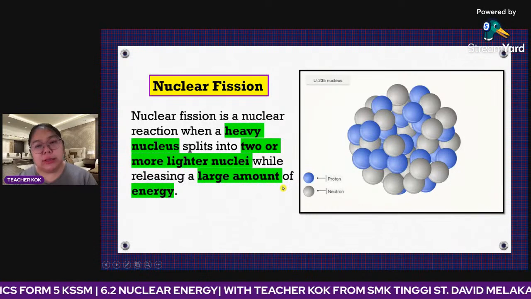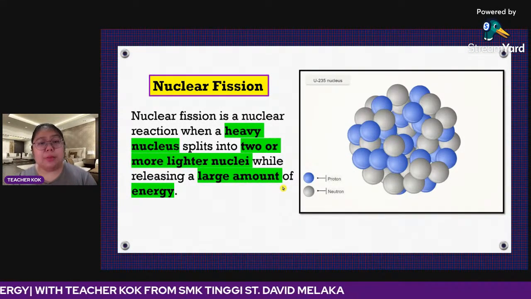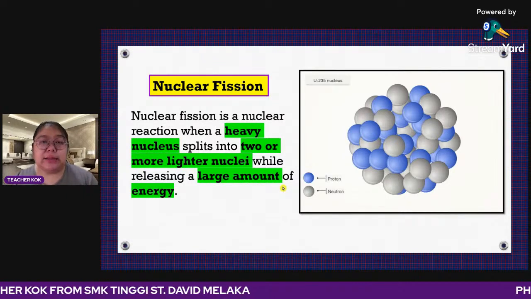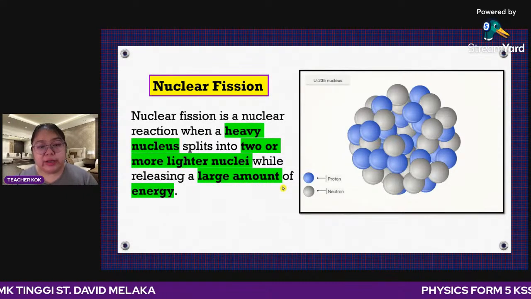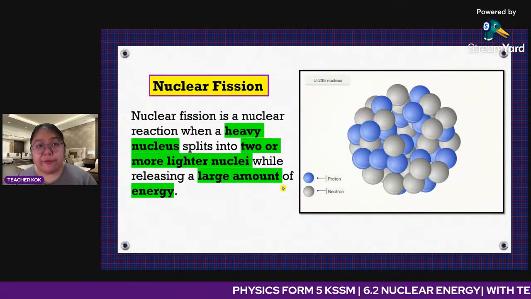So during this process, the bigger size splits to become two or more smaller sizes, and also releases a large amount of energy. This we call nuclear fission.